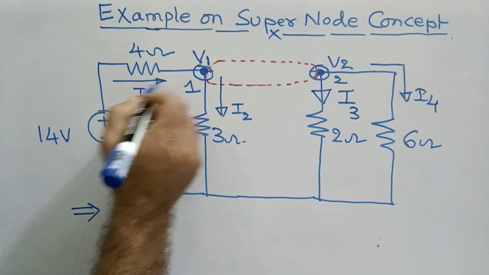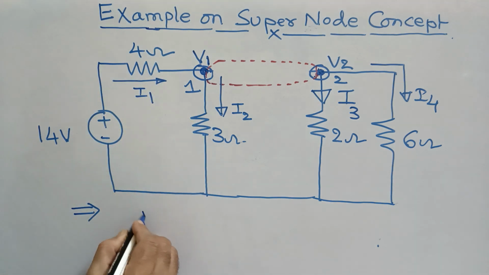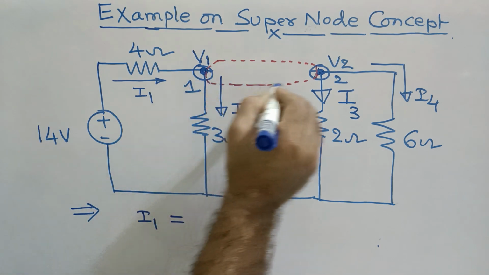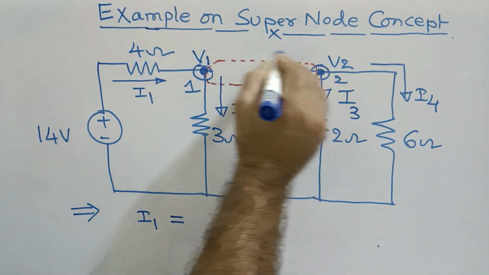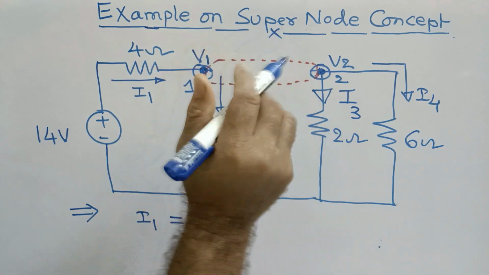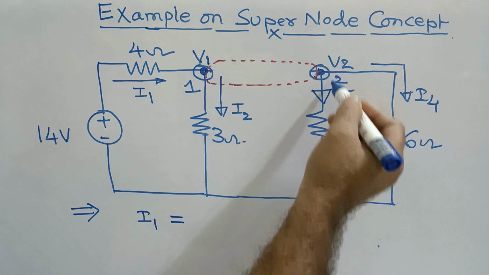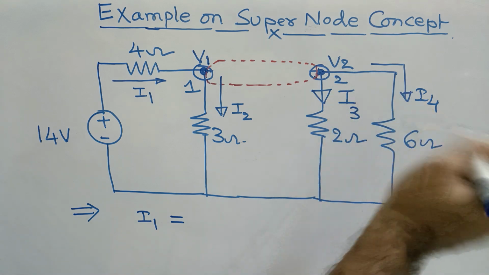I1 is my entering current, obviously. If you take this entire path or point as a common node, then from this point I2 is going out, I3 is going out, I4 is going out.